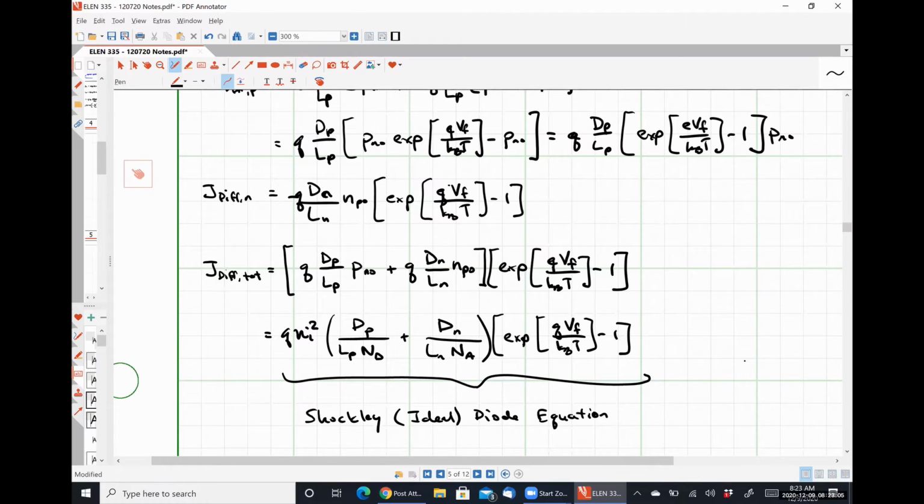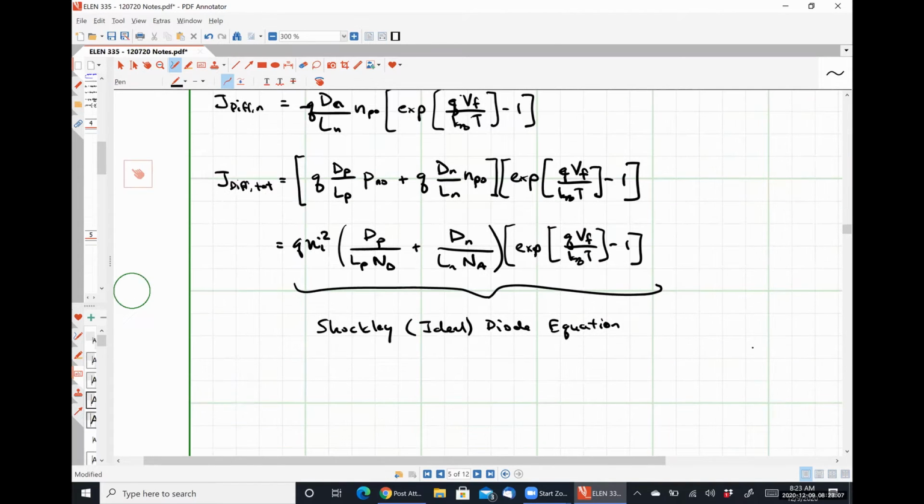It is much more frequently expressed as J diff total equals JS naught or JS times exp of q VF divided by kBT minus 1.